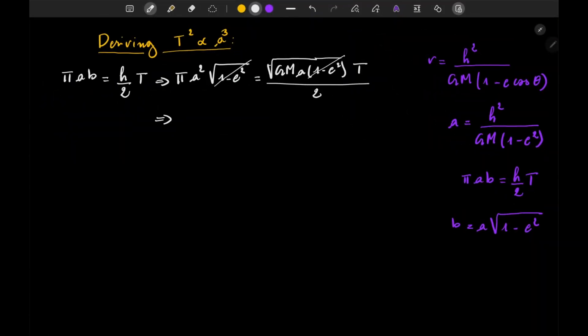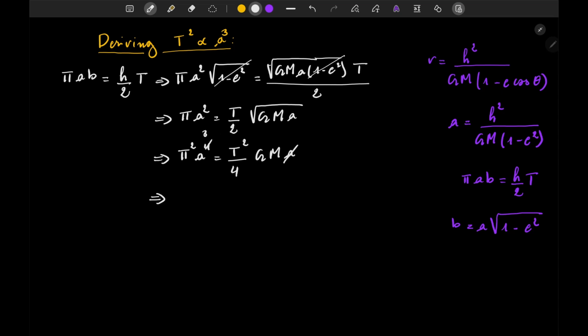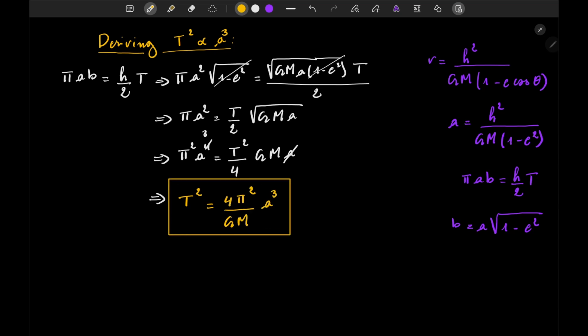Notice that we can cancel the square root of 1 minus e squared from both sides, and by squaring both sides and a simple rearrangement we get T squared equals 4 pi squared over GM times a cubed, and by that we finish the derivation of the third law.